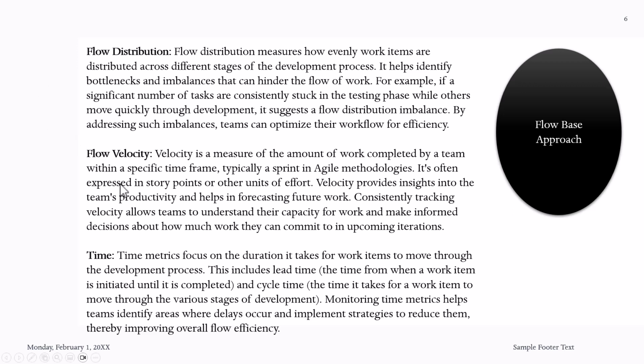There's another one we look into, called flow velocity. Flow velocity is a measure of the amount of work completed by a team within a specific time frame, typically a sprint in agile methodology, often expressed in story points or other units of work. So velocity provides insight into the team's productivity and helps in focusing future work. Consistently tracking velocity allows teams to understand their capacity for work and make informed decisions about how much work to commit to in an upcoming iteration.